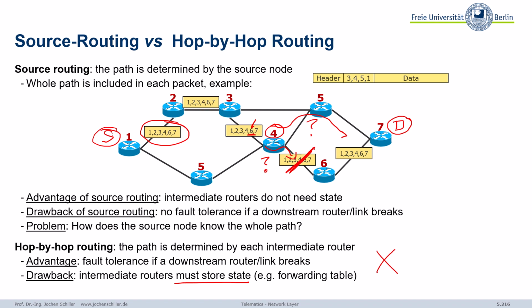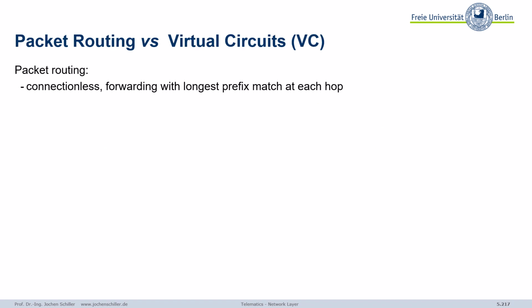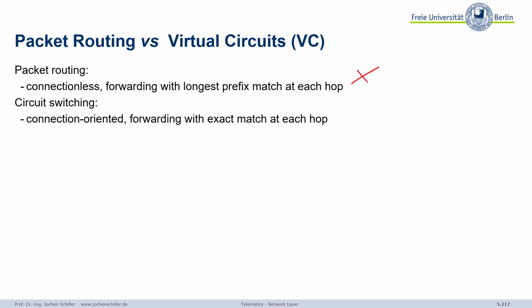What else can we compare? Well, we can compare routing based on packets, or we can switch circuits. Packet routing, that's connectionless. So that's what we do typically in the internet. We check for this longest prefix match at each hop. There's the alternative solution, circuit switching.